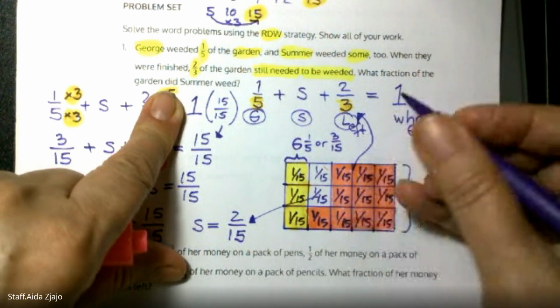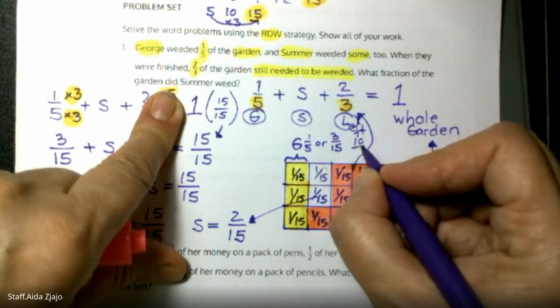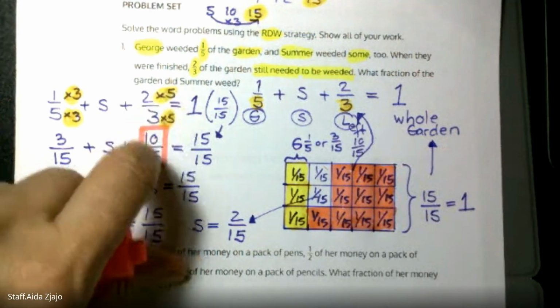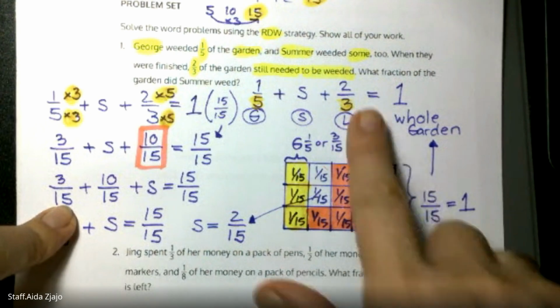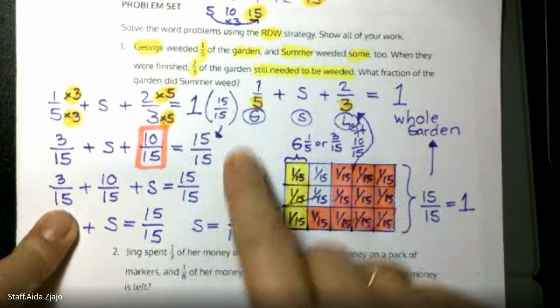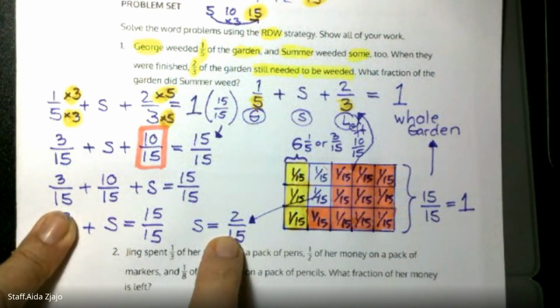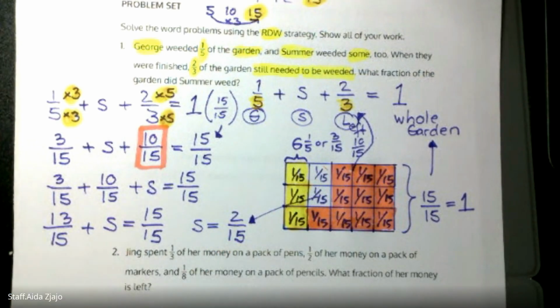So it is the same as 10/15. Just to make a little addition. So we need the right answer. What fraction of the garden did Summer water? And Summer watered 2/15 of the garden. 2/15.